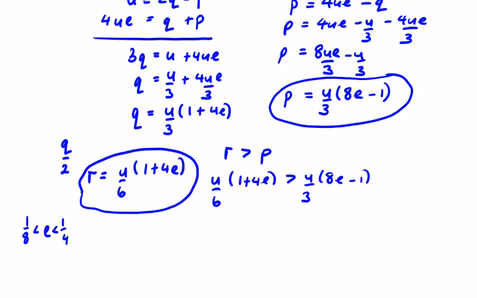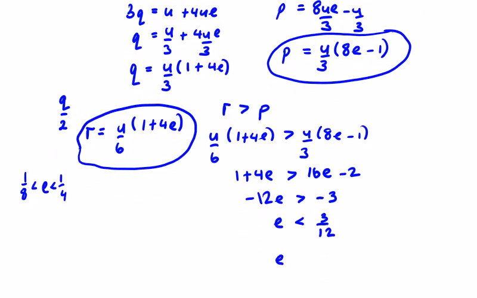If we divide by u and multiply by 6, we get 1 plus 4e greater than twice 8e minus 1, so 16e minus 2. Bringing the 16e to the left, minus 12e has to be greater than, and bringing the 1 to the right, minus 3. Multiplying by minus 1, e has to be less than 3 over 12.